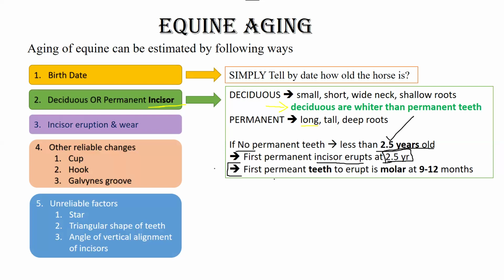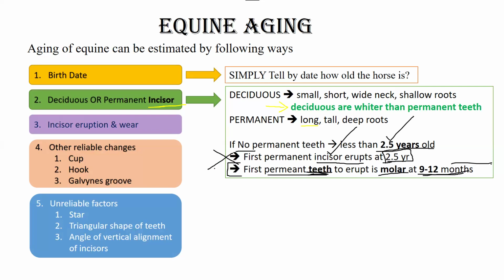No, the first permanent tooth that erupts is the molar one, and it erupts at 9 to 12 months. So 2.5 years is not the first permanent tooth, but rather the first permanent incisor. If the question is about the first permanent tooth, not the first permanent incisor, the answer should be the molar at 9 to 12 months of age.